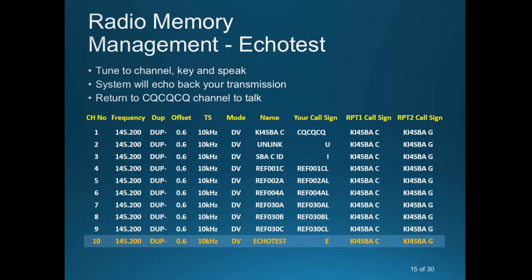So if you have 140.2, okay, you link to one of these, and then somebody else comes in and they start talking on it, they're going out automatically to the reflector also, right? Yes. If your local repeater is linked somewhere, let's say to a reflector, everyone on your local repeater is going out to that reflector where it's linked.